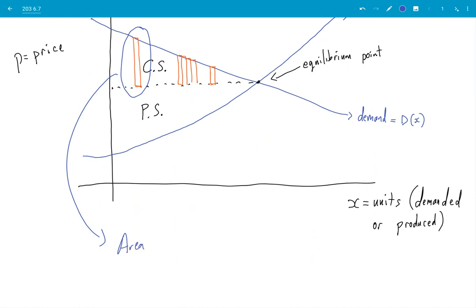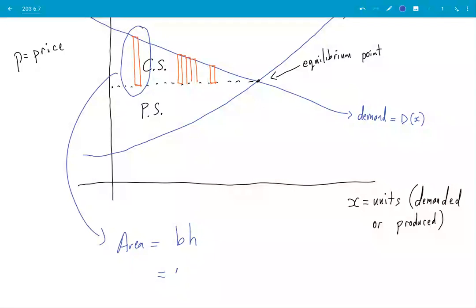So the area here is equal to, well, base times height, right? The base is a piece of x, a certain number of units. We'll call that delta x. And then the height is the key thing.